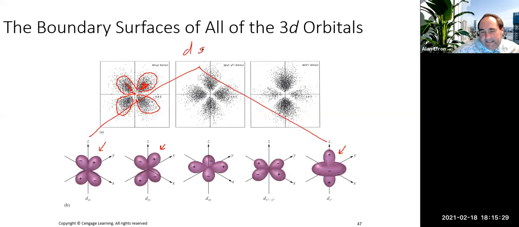All 5 of those individual orbitals represent the d subshell. And since there are 5 of them, that means you would max out at 10 electrons, as each one could hold basically 2. Any questions on that there?